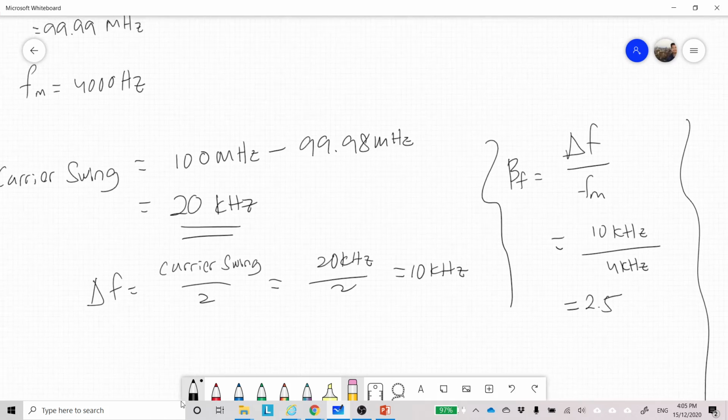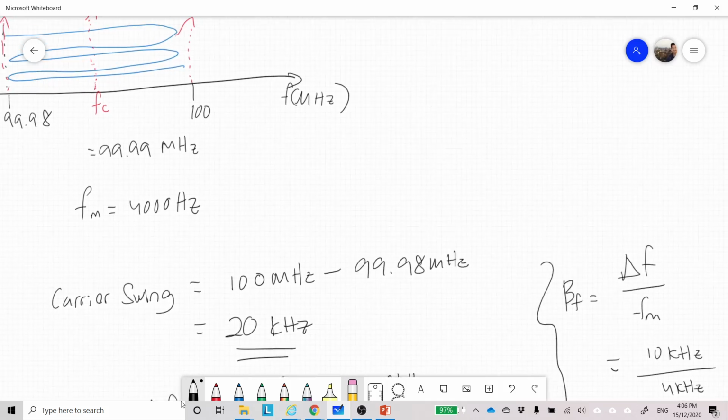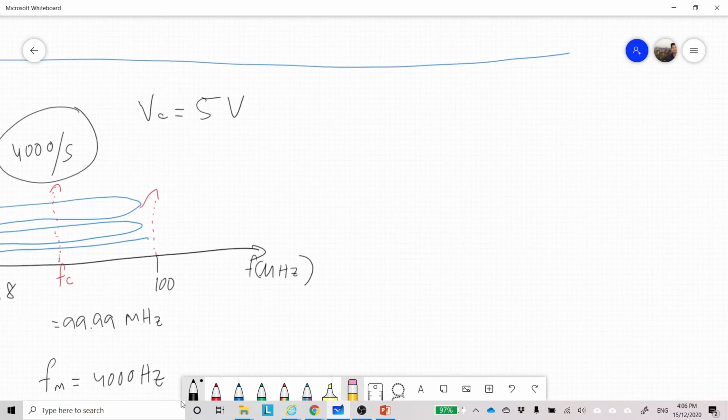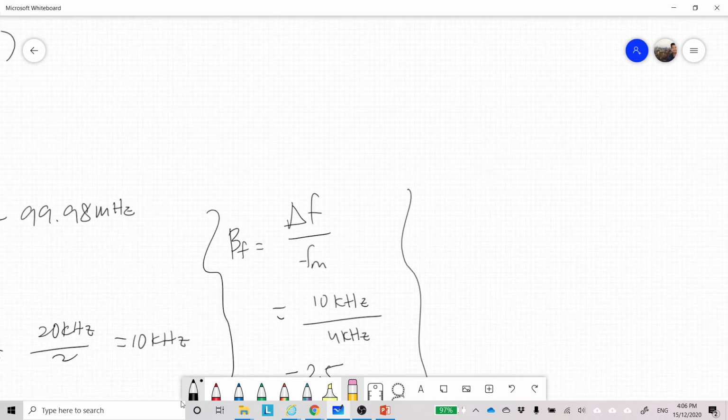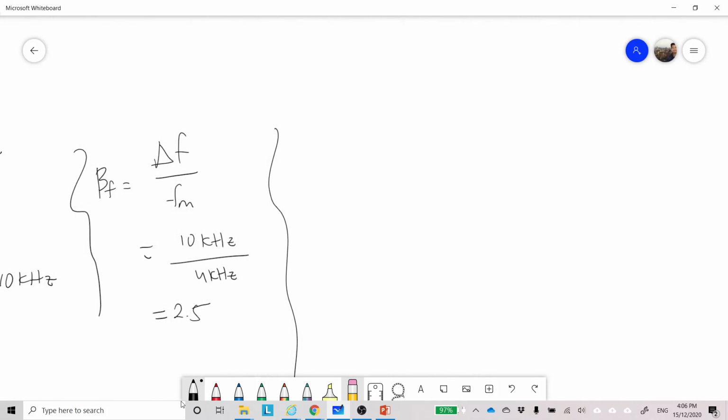VC is given as 5 volt. So beta F equal to 2.5, you will get a number of significant sidebands equal to 5.